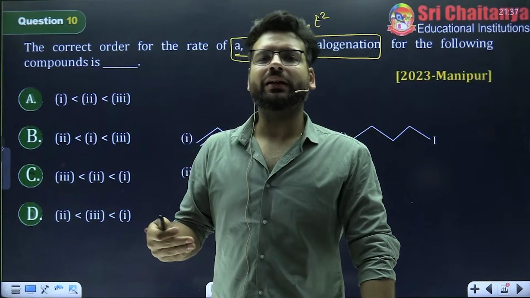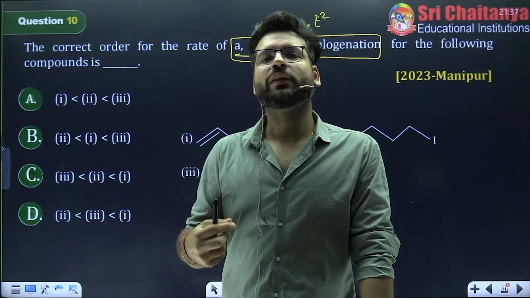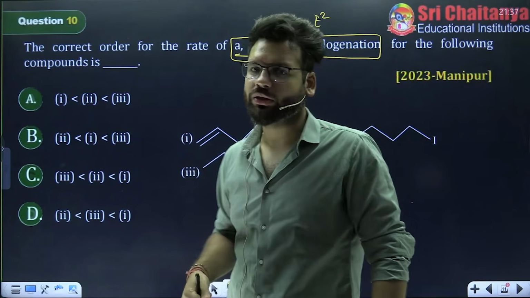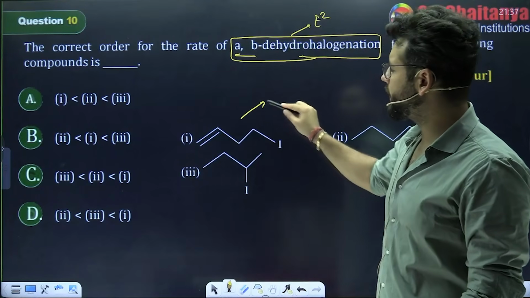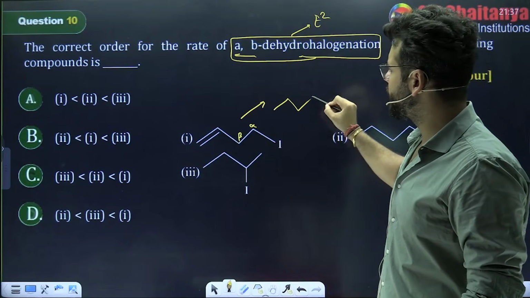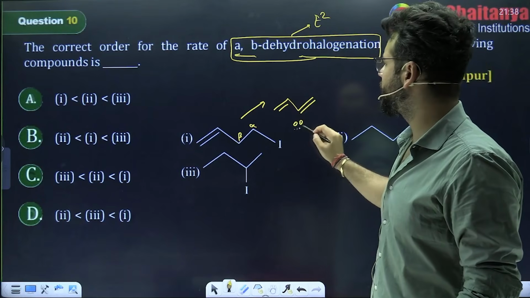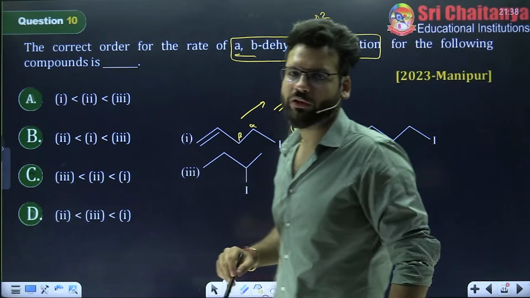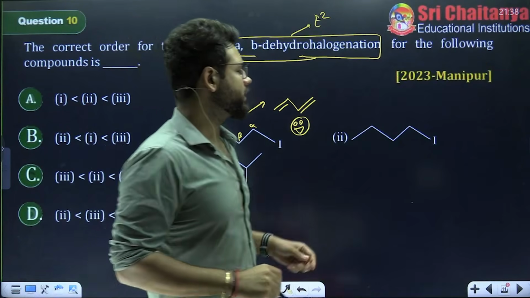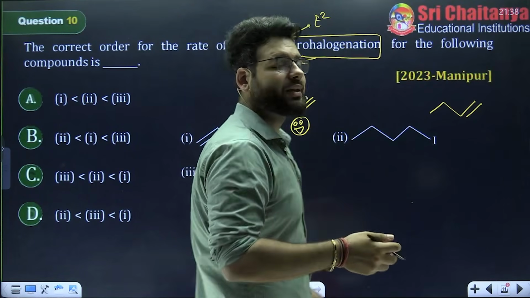If the final alkene is more stable, more substituted, in that case, you will see a faster rate of reaction. So in this case, I get a very, very good alkene because this is the alpha carbon, this is the beta carbon. If I remove the hydrogen, I get a butadiene, which is a super stable alkene because of resonance. In the next one, I get a but-1-ene because there is no rearrangement possible here.